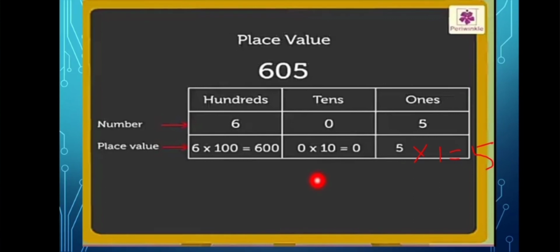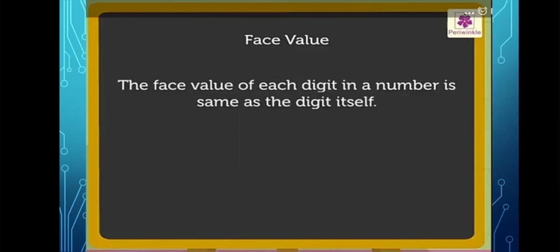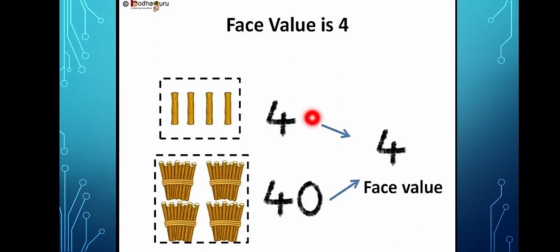Now let us learn what is face value. Face value of each digit in a number is the same as the digit itself. As we can see here, 4 represents 4 sticks and 40 represents 4 bundles of 10 sticks.